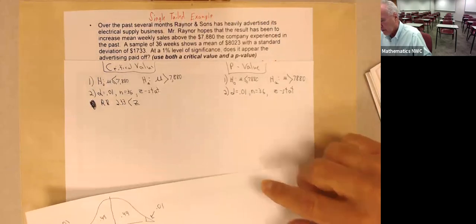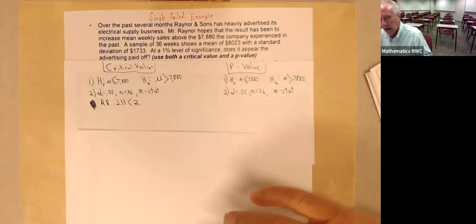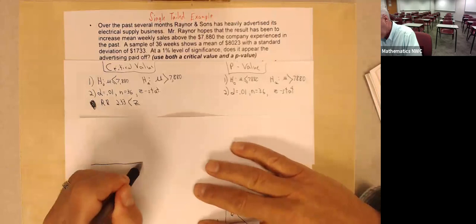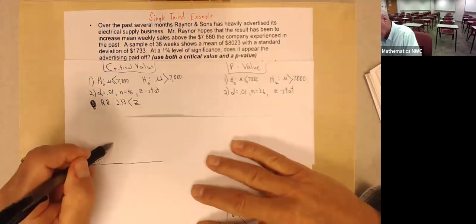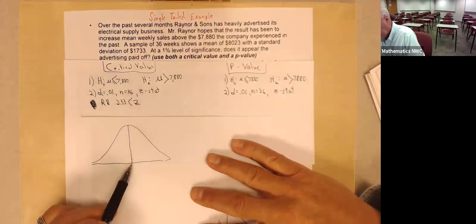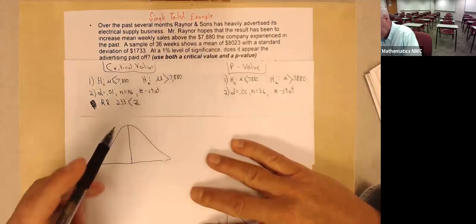This is typically a challenging part for a lot of students, so I'm just going to draw this once right here below. You wouldn't need this drawing, but it's to help you understand what we're testing. I'm testing against the 7880.